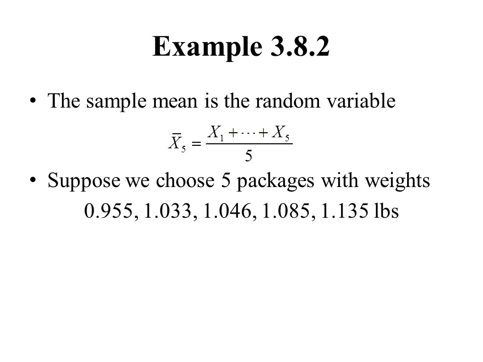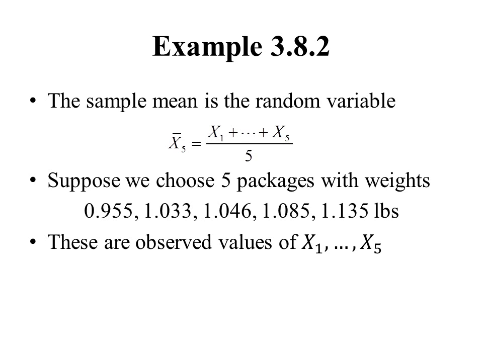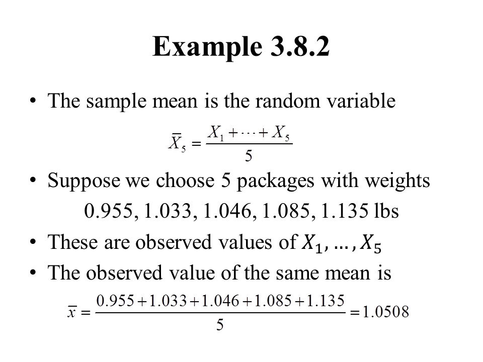Let's suppose that we go out and choose 5 packages and weigh each, and their 5 weights are shown right here. These 5 weights are observed values of the variables x1 through x5. This is an observed value of x1, this is an observed value of x2, an observed value of x3, and so forth. To calculate the observed value of the sample mean, all we have to do is add up those 5 observed values and divide by 5.